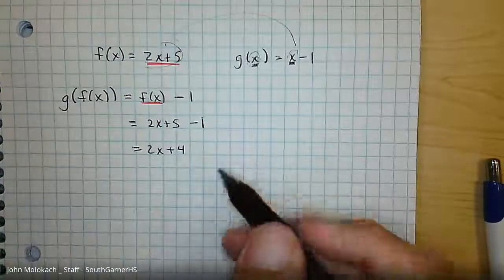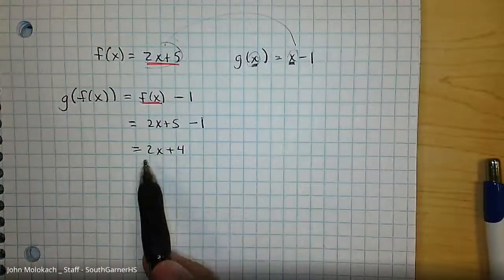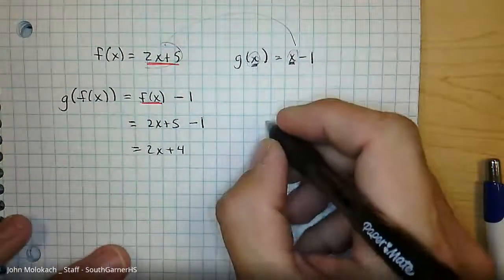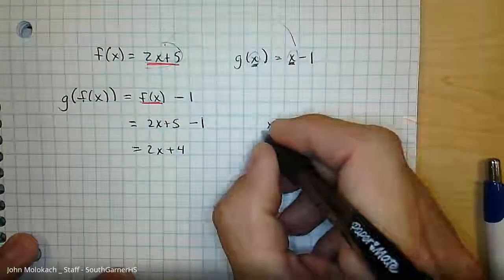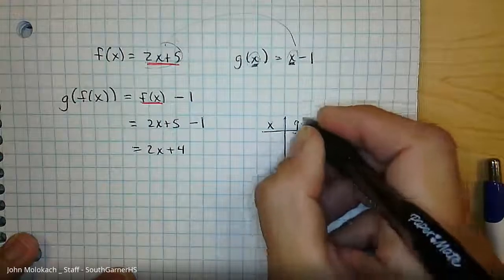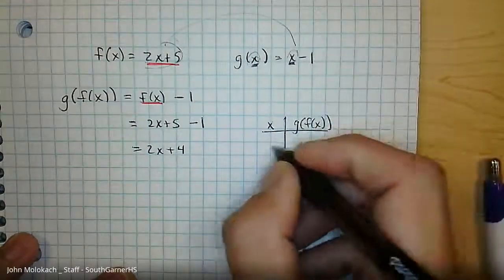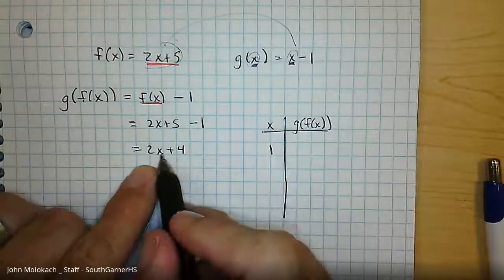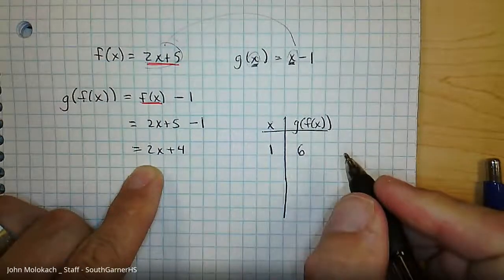All right, so now I can find values for any input, right? So if x is 1, then I can put 1 straight into this and get 6.